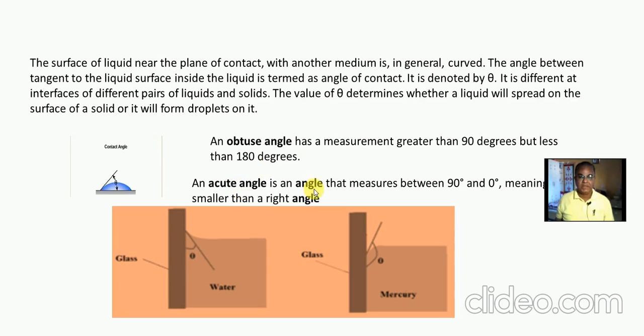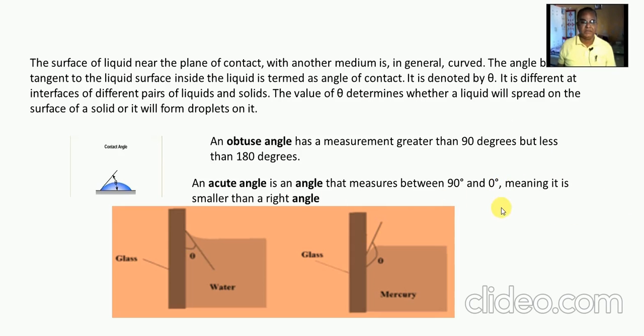When the angle is between 0 and 90 degrees, meaning smaller than a right angle, it is called an acute angle.